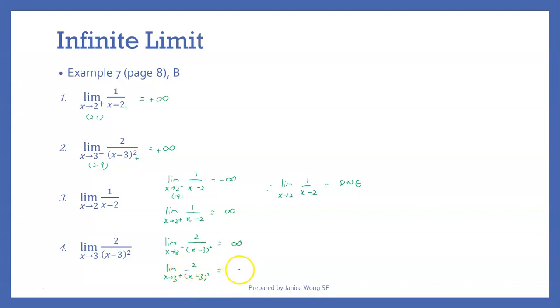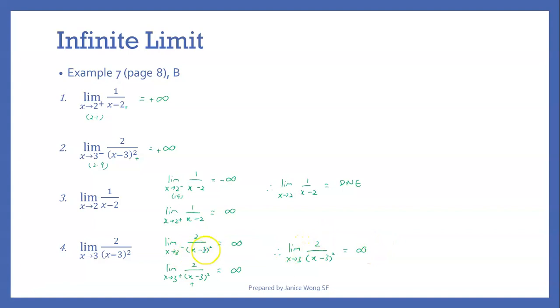For one-sided limit, the answer must be related to infinity. We need to check the sign. Take 3.1 as a representative. 3.1 minus 3, positive value. Square it is a positive value. Positive over positive is still positive. These two values are the same, positive infinity. Therefore, the two-sided limit for question number 4 will be the same value as well, positive infinity.